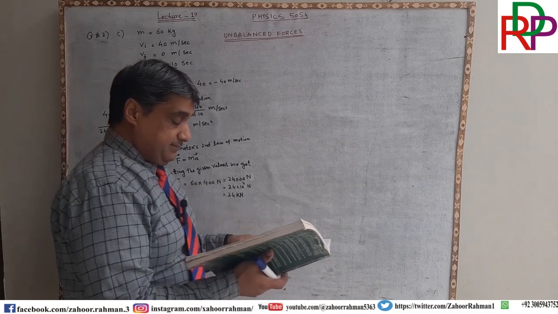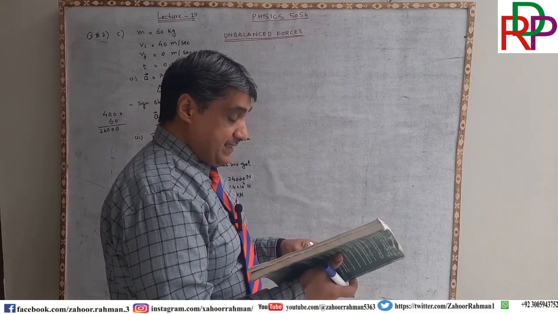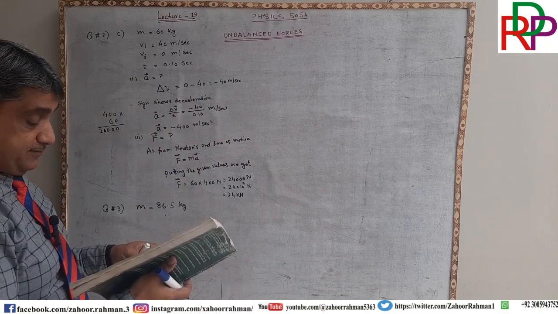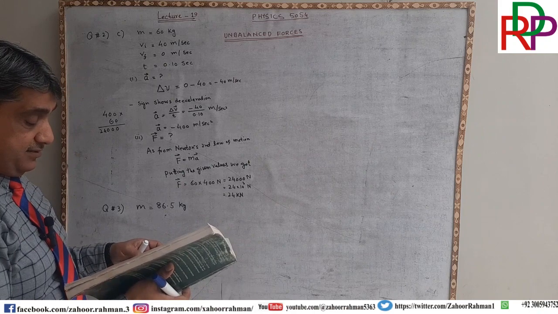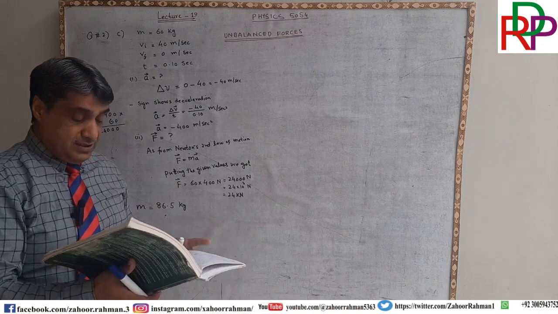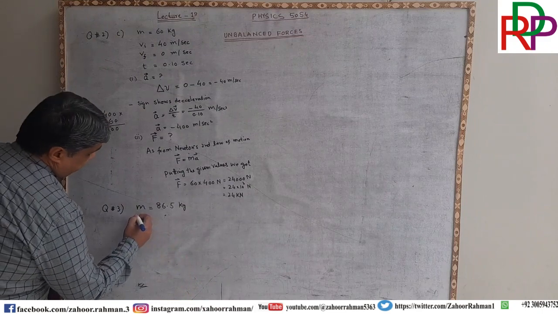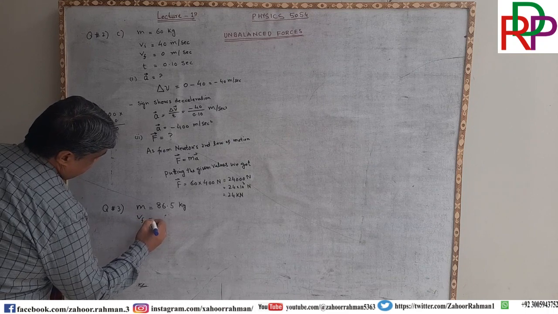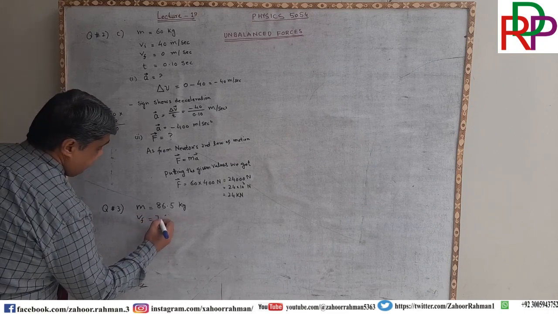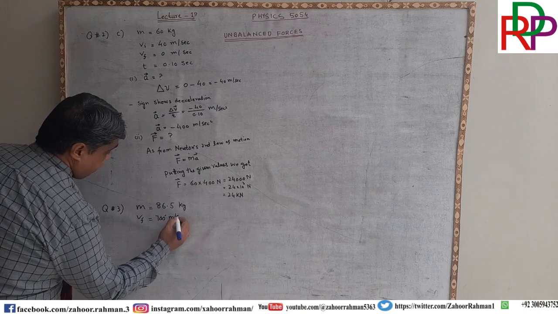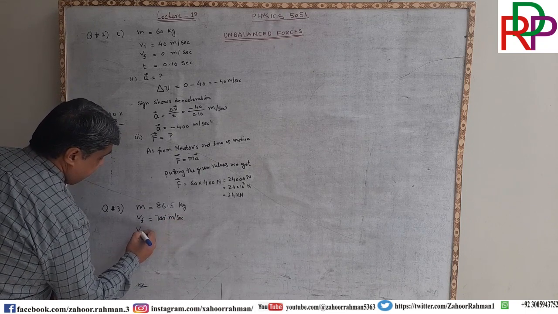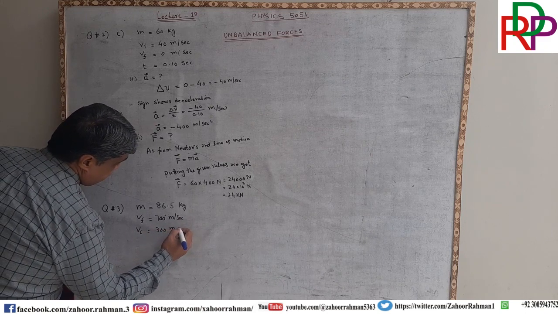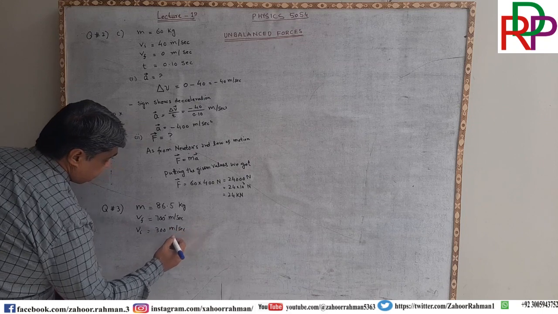If the missile can accelerate from 300 meter per second to 700 meter per second, so final velocity is 700 meter per second, and initial velocity is 300 meter per second.